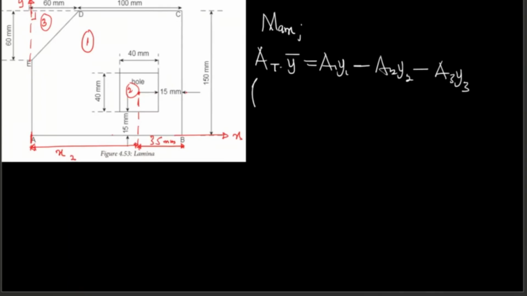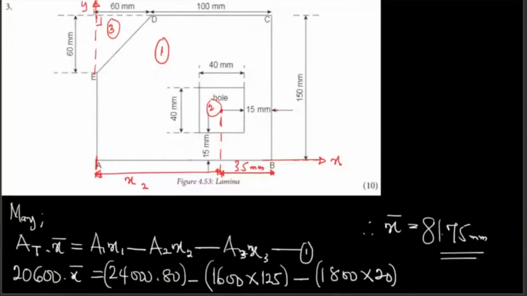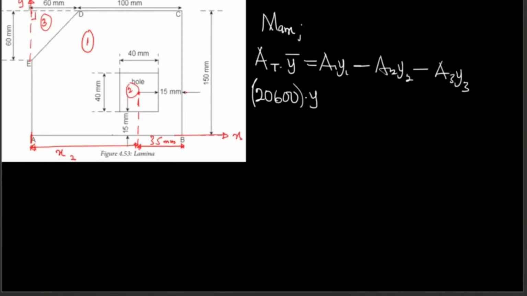So the total area is, I think, 20600, right? 20600 multiplied by Y bar. Our A1 is 24,000, right? Now, what is our Y1?